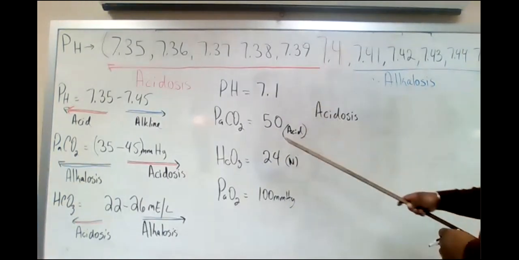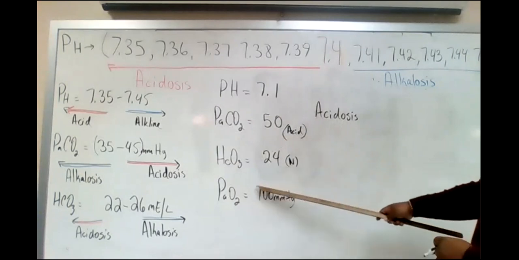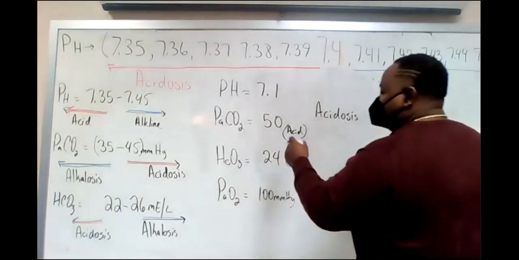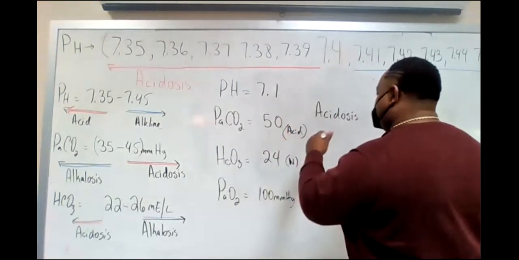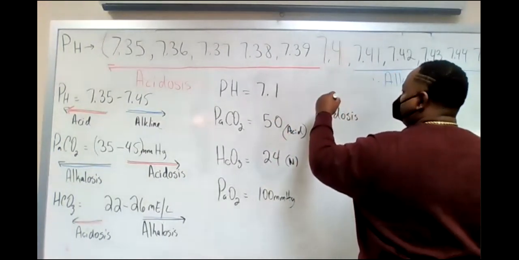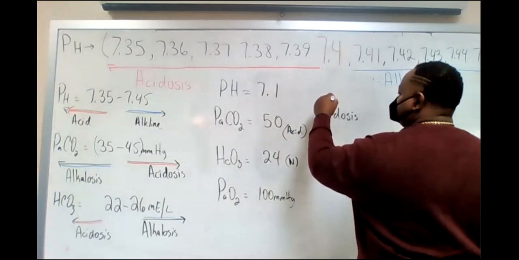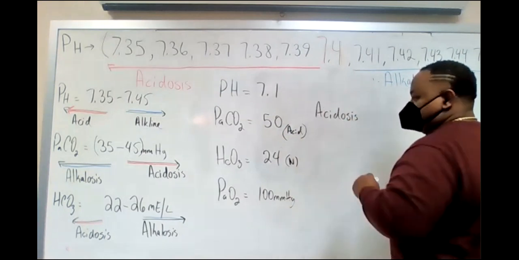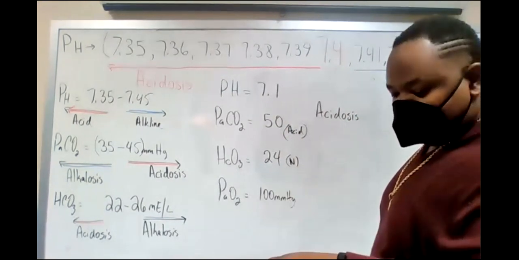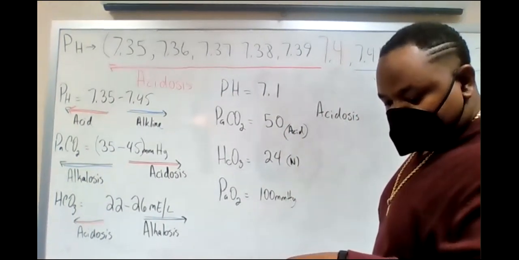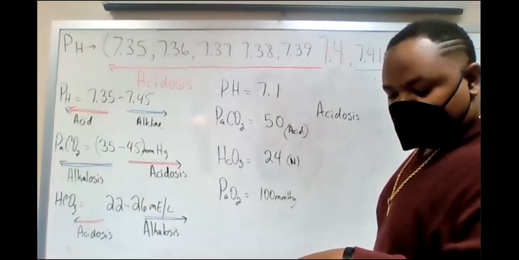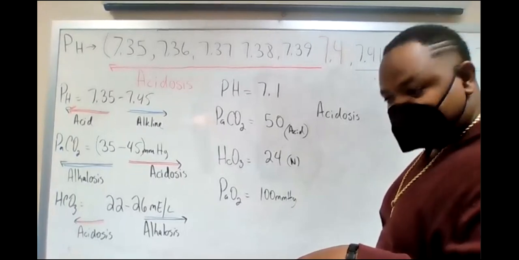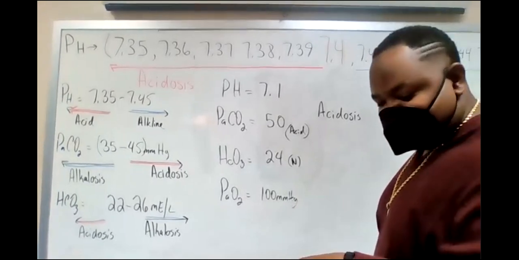pH is acid, CO2 is acid, bicarb is normal. So which one is matching? CO2. So if it's a CO2 problem, it's a what problem? Not metabolic. Remember your CO2, AKA ventilation, AKA respiratory, AKA acid, right?